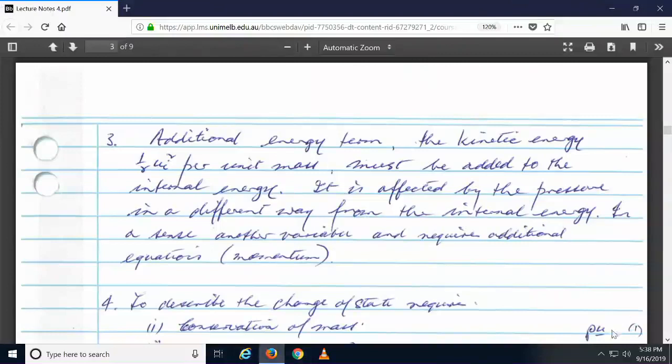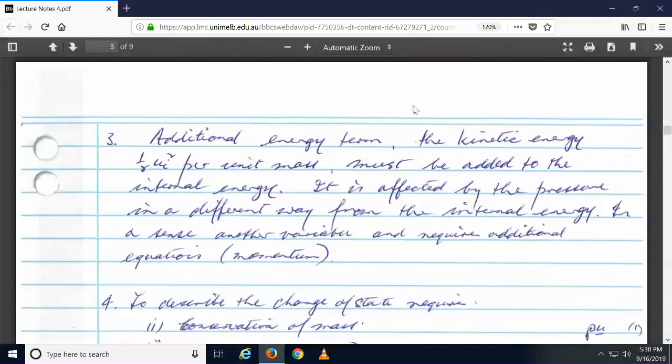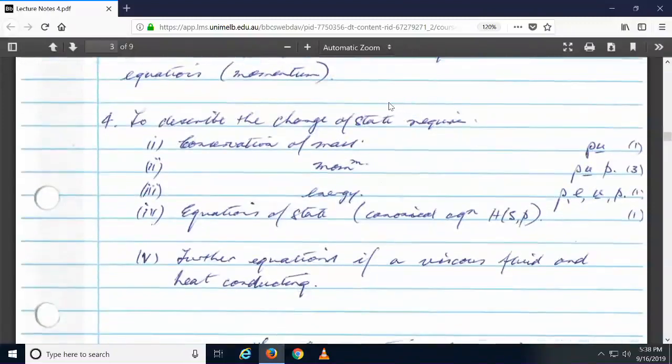So to describe the change of state now requires the conservation of mass, the conservation of momentum, the conservation of energy, and the equation of state.